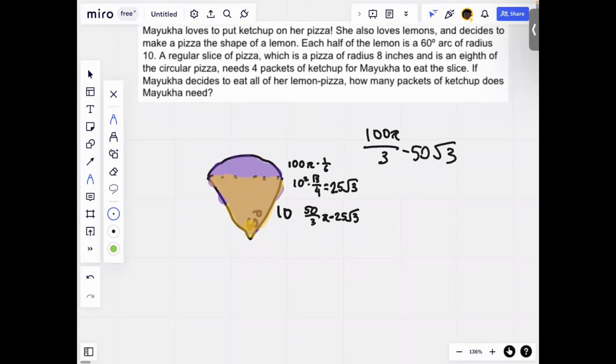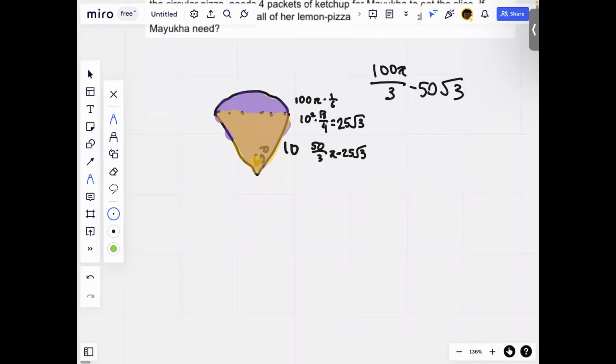So a regular pizza would be a pizza of radius 8 inches, and it's an eighth of a pizza, so it's 45 degrees.